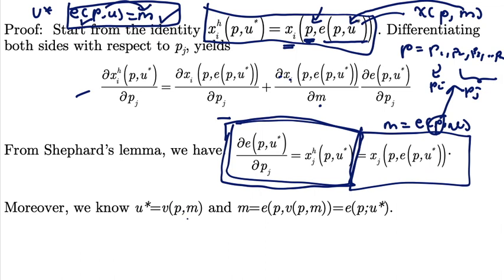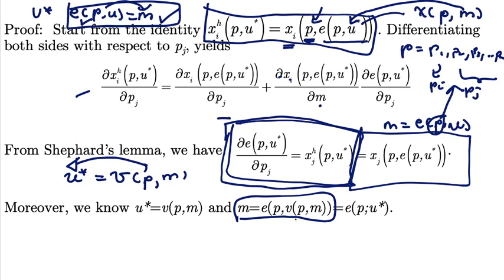Not only that, the optimal level of utility is equivalent to the indirect utility function for given prices, a vector, and also income, isn't it? Because the indirect utility function, if you recall from video 1, is the utility at its optimal level. So because this one is U star, we substitute it into the indirect utility function, then we can get this. All right, now this is not the end.